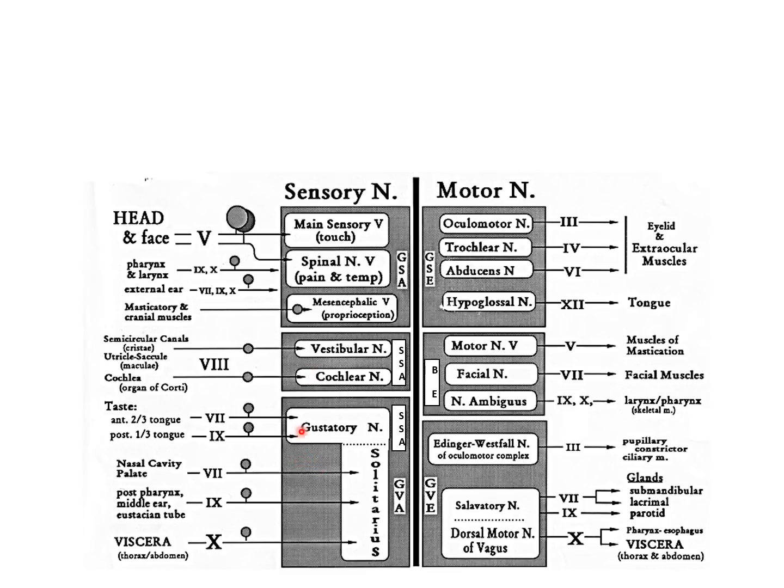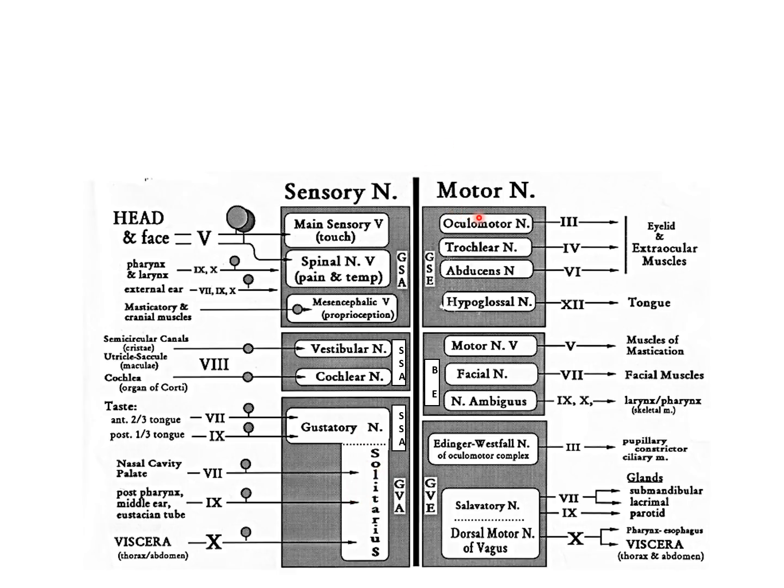And recognize that there are groups of general somatic afferents, special sensory afferents such as the vestibular cochlear nerve, as well as special sensory afferents involved in taste, the gustatory nucleus, and general visceral afferents involved in the solitarius.